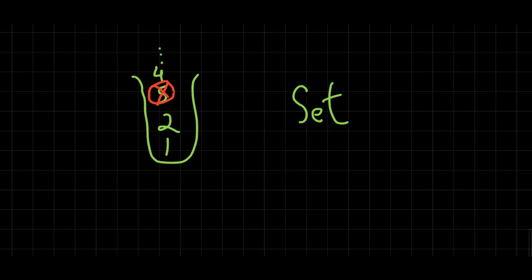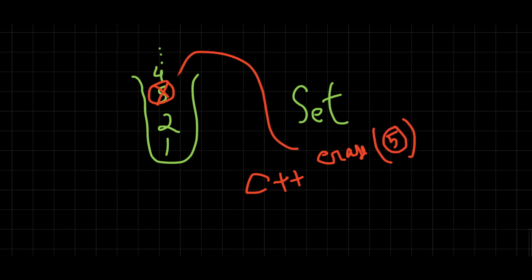So how can we do it? In C++, we can simply use the erase method, and if we perform the erase method on a specific value, let's say 5, then this corresponding element is removed from the set. So the second function is implemented this way.